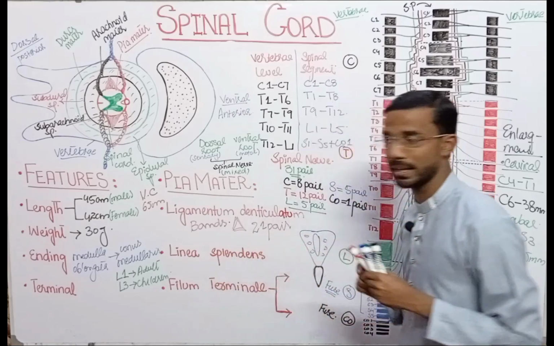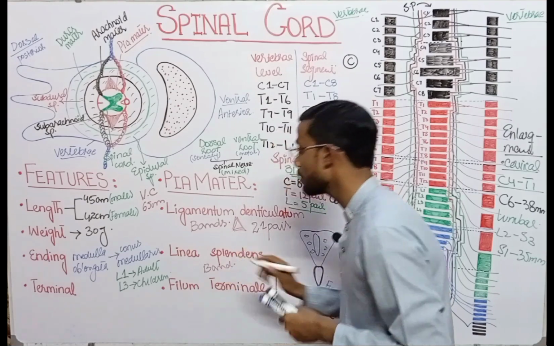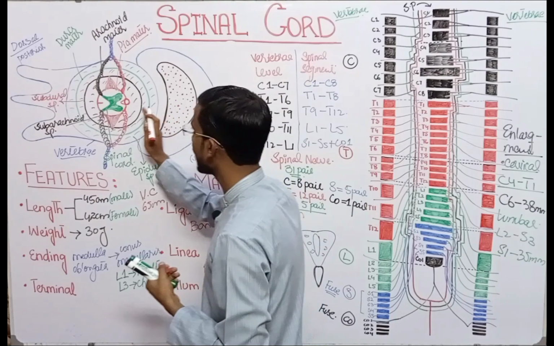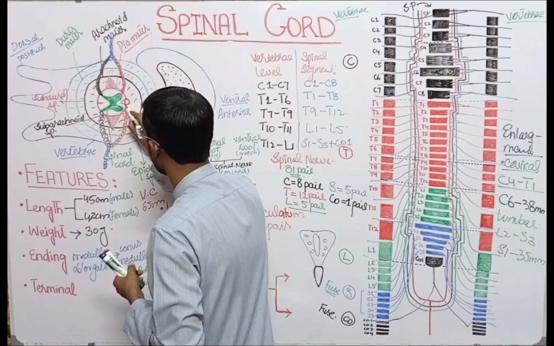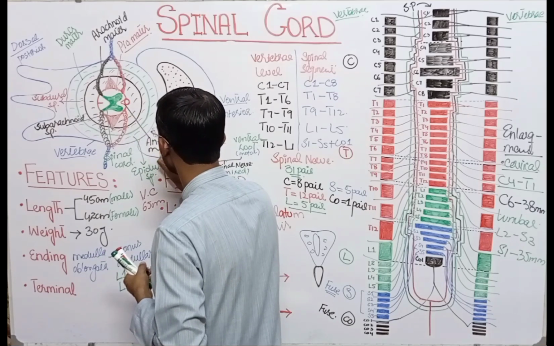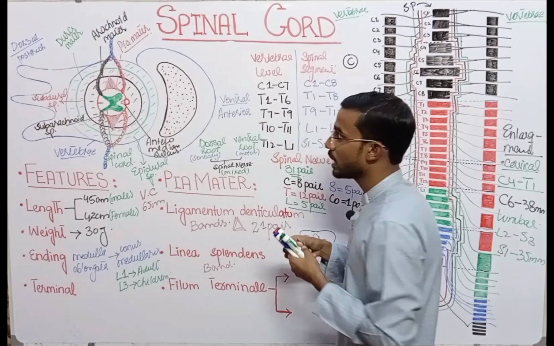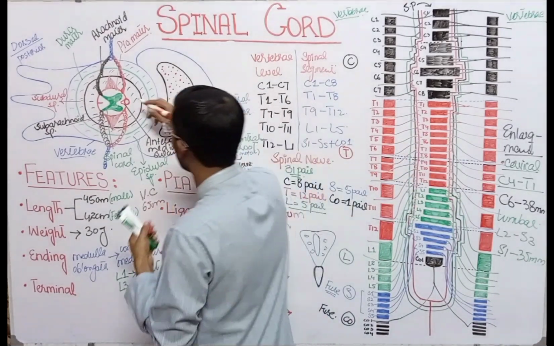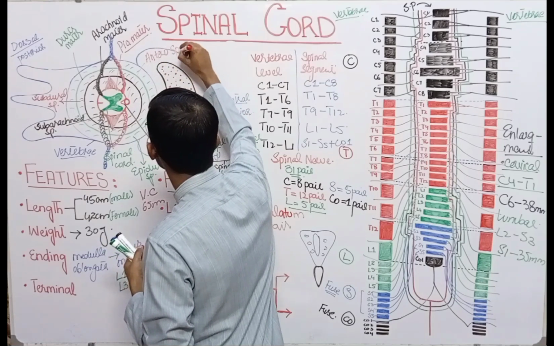Next is the linea splendens. The linea splendens is again a band. This is the ventral side. At the ventral side, or you can say the anterior side, you will see a sulcus, the anteromedian sulcus, which is actually a groove, and in the groove you will see the anterior spinal artery.